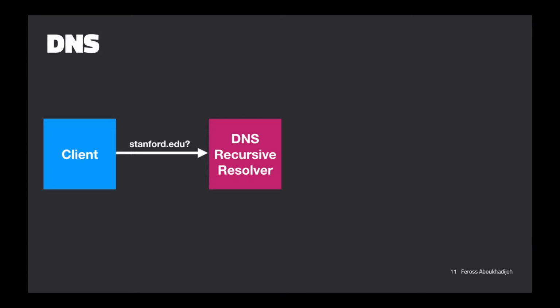The recursive resolver takes on the responsibility of looking up the IP address for Stanford.edu and doing whatever work is necessary, and then it gets the answer and sends it back to the client. This process might take multiple steps, and that's why we call it a recursive resolver. It continually makes queries to various other servers until it gets the final answer that it's going to give to the client.